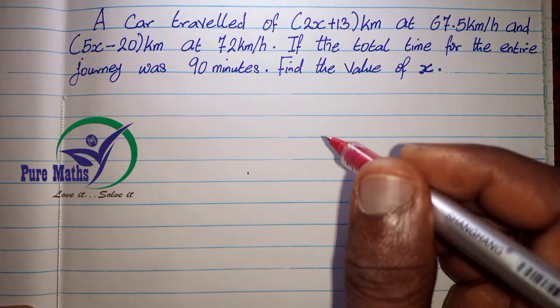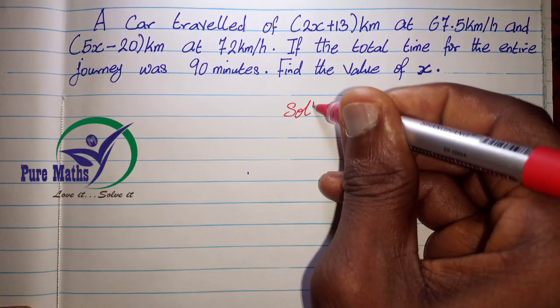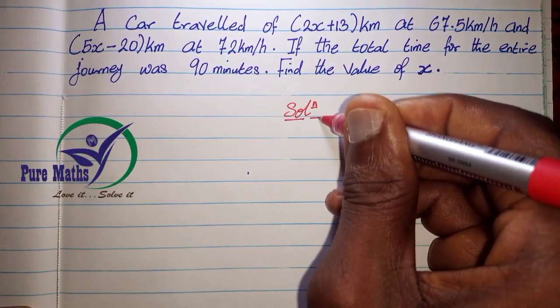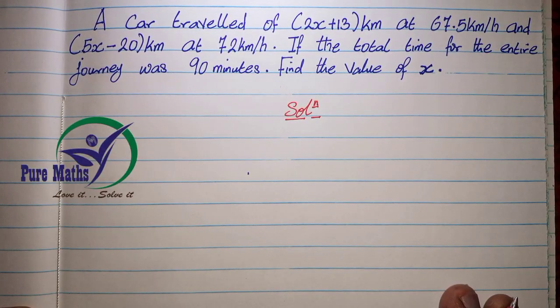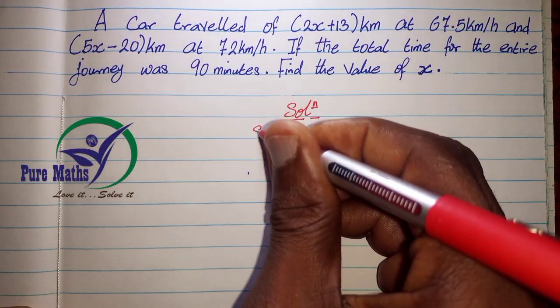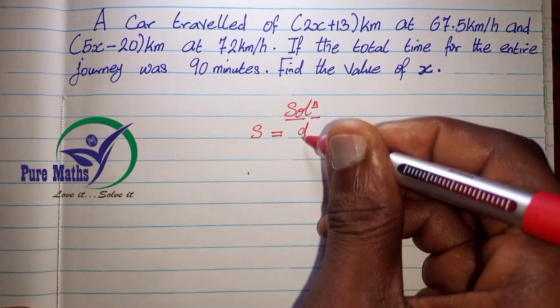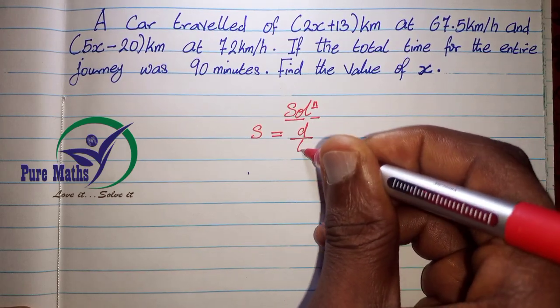So in this case, for us to find the value of x, we need to understand certain things. Now, we need to understand that our speed is equal to distance all over time.